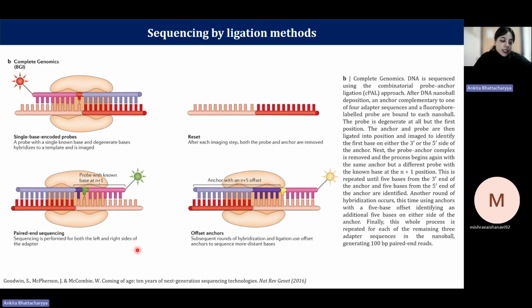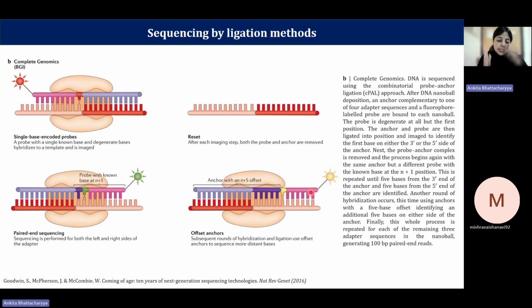So for paired end sequencing from the adapter, both left and right side sequencing is performed. So you have information for both the ends. And offset anchors, like I previously also explained, n plus 5 offset will include the anchor followed by 5 different bases, followed by your known base and degenerate base.